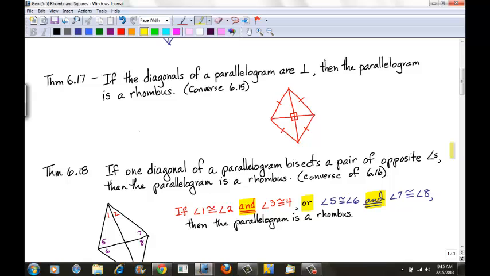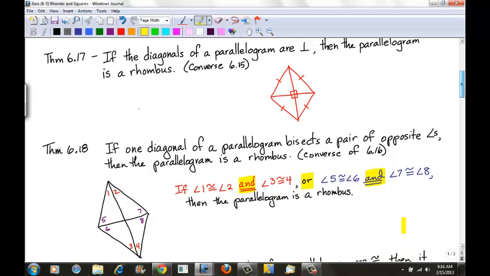If one diagonal of a parallelogram bisects a pair of opposite angles, keyword there is bisects, okay? A pair of opposite angles, then the parallelogram is a rhombus. And that's the converse of 6.16. So you can kind of tie those two together.